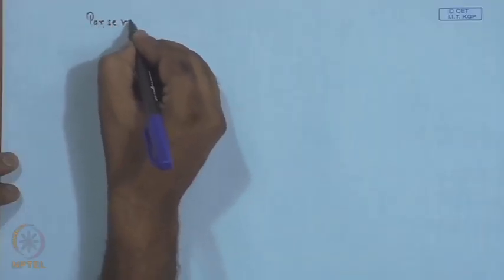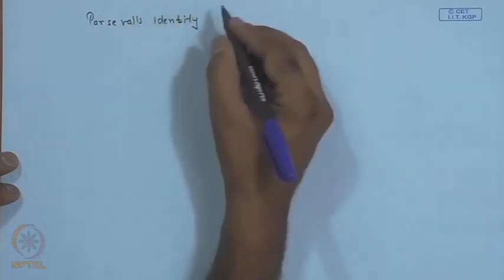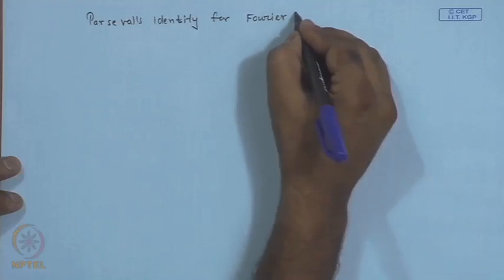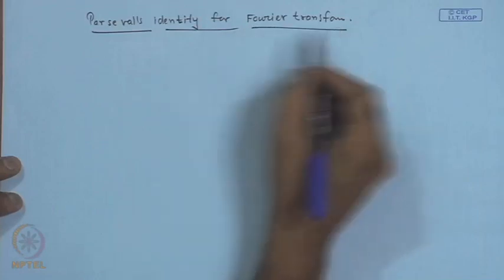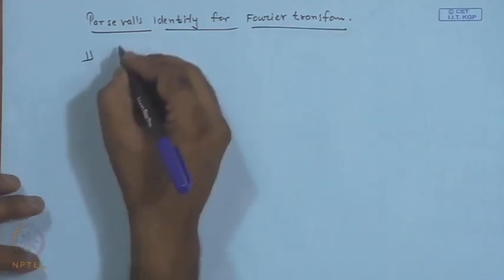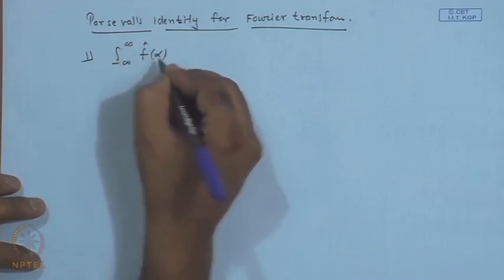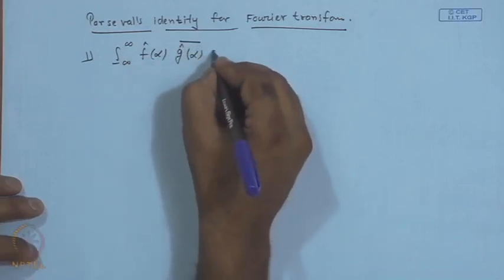And now we go for one more important result, that's called the Parseval identity. Parseval's identity for Fourier transform. So there are basically two identities, one is generalized and one is a particular case of that. So we have f hat alpha and g hat alpha with complex conjugate.